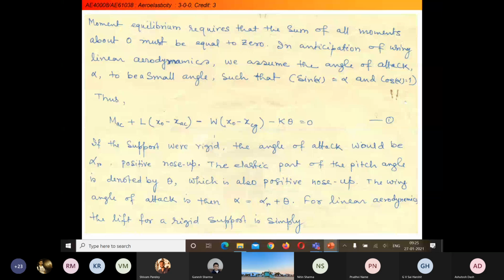Then we take the lift force multiplied by the distance between the aerodynamic center and the elastic axis, that is x naught minus x AC. That's what I have considered here: lift multiplied by x naught minus x AC.